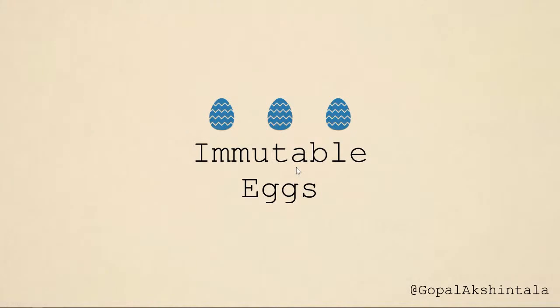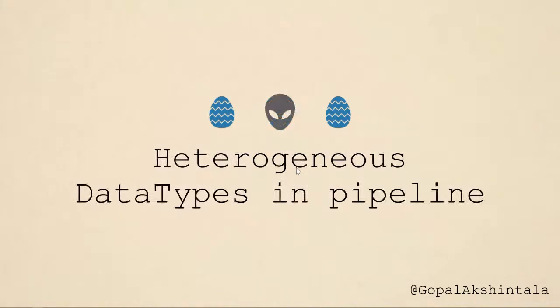Another problem we have is that we have two types of data flowing in our pipeline. We have good eggs, and we have bad eggs, but I'm not interested in bad eggs. I'm interested in why the eggs are bad. What is the reason for the egg being invalid? That's a validation failure, which is a different type. Normally in Java or in Kotlin, there is no list which holds two different types together.